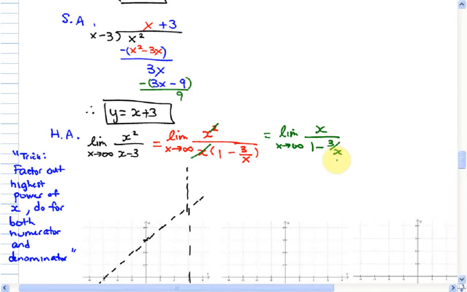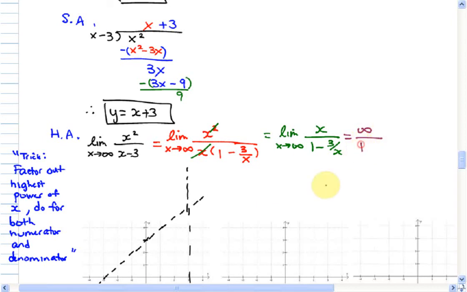Now, remember the idea of this limit really is: tell me what happens when you plug in x getting close to this number, which I call infinity. Well, if I plug in infinity to the numerator, what is that equal to? Well, that's just infinity. What happens when I plug this into the denominator?